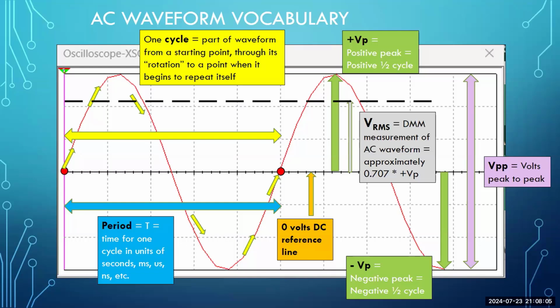It does stand for root mean square, without getting into any heavy math of how that's determined. Fundamentally, what you need to know about volts root mean square, VRMS, is very simply that it is the AC value that can be determined by measuring with a digital multimeter.